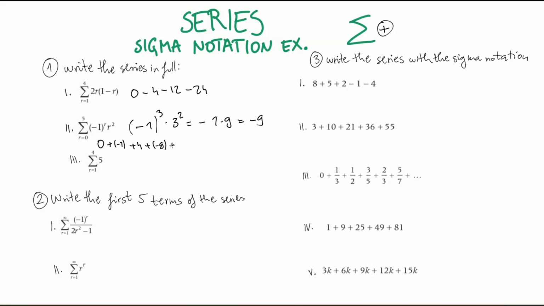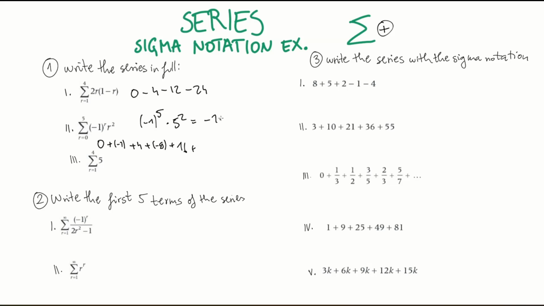Then substituting 4 instead of r, we get minus 1 to the power of 4 times 4 squared, which makes 1 times 16, so we just get 16. And then our last term, the sixth term, substituting r for 5, we get minus 1 to the power of 5 times 5 squared.